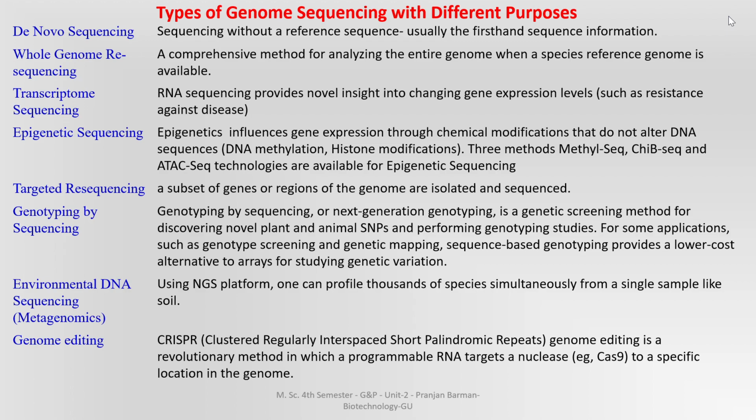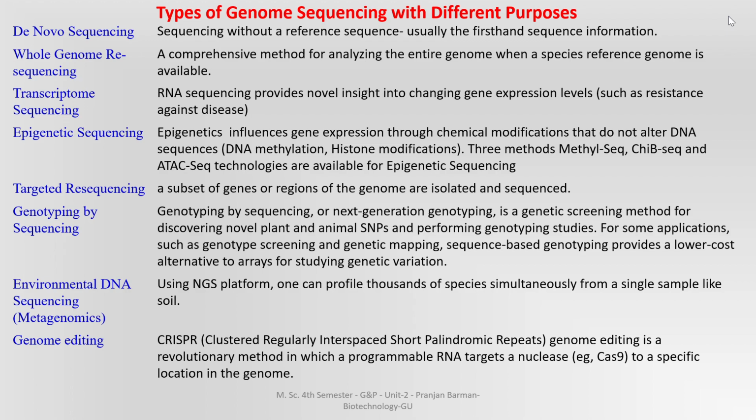To know these things, we have methods like genomics related to DNA methylation and genomics related to histone modifications. There are platforms like MethylSeq, ChIP-seq, and ATAC sequencing technologies which are used for epigenetic sequencing. Targeted resequencing, you can go for specifically targeted resequencing of a particular part of a genome.